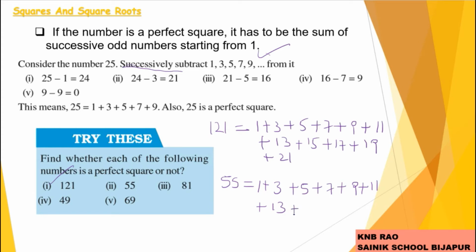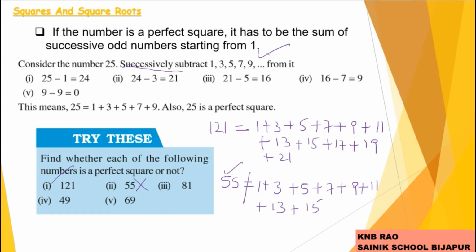If I then subtract 15 from the leftover, we get minus 9. So 9 is to be added to make it a perfect square, or 6 has to be subtracted from it to make it a perfect square. So we have seen that this is not a perfect square. One can check that.